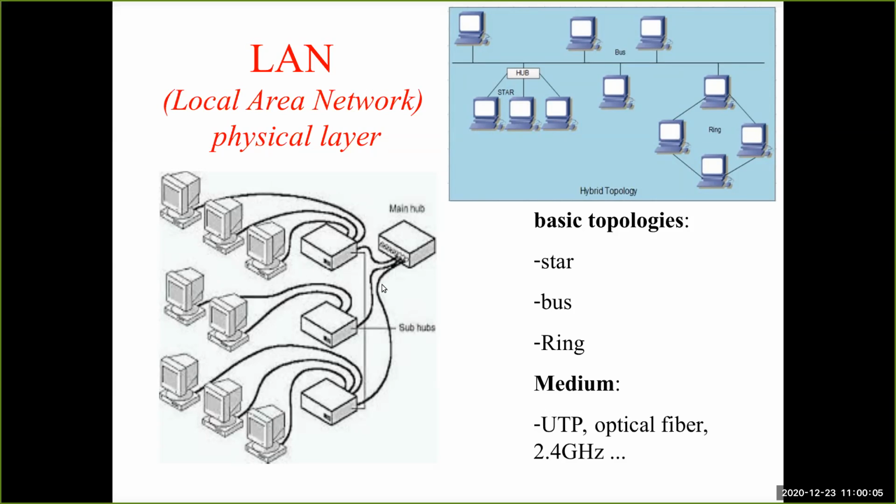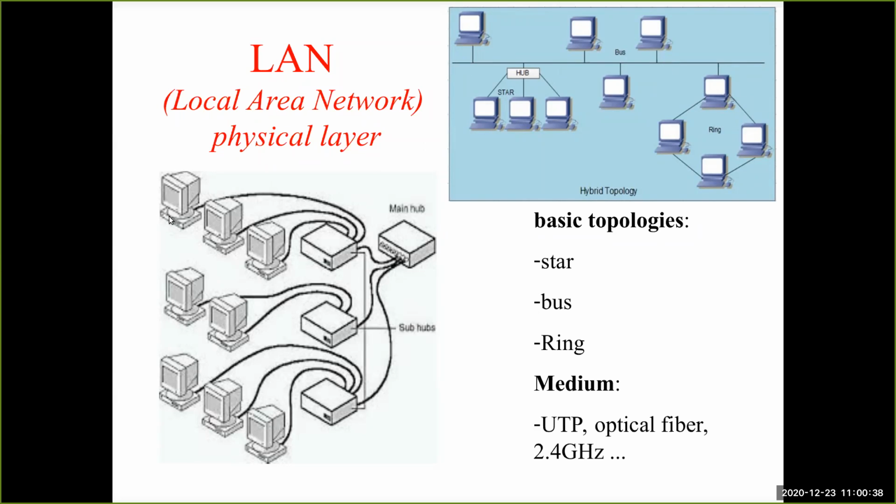But we can stack switches, so we can connect switches in tree-like structure. But in fact, you should know that looking at the way how data are transmitted, this topology has some features of bus.